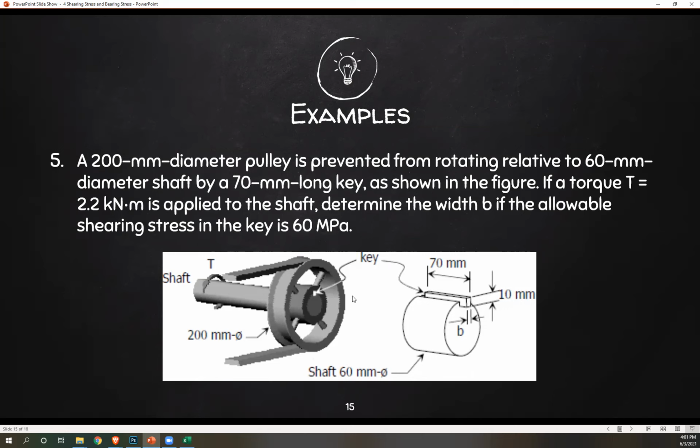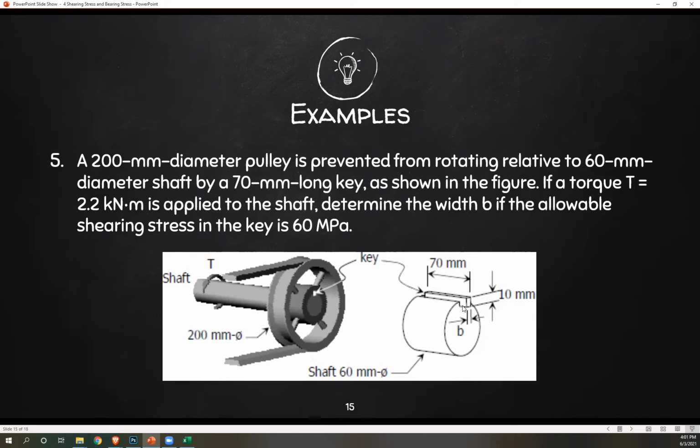Now this pulley is being subject to a torque of 2.2 kilonewton meter, or rather the shaft is experiencing 2.2 kilonewton meter torque. Now we have this key. Looking here, that key stops the rotation.